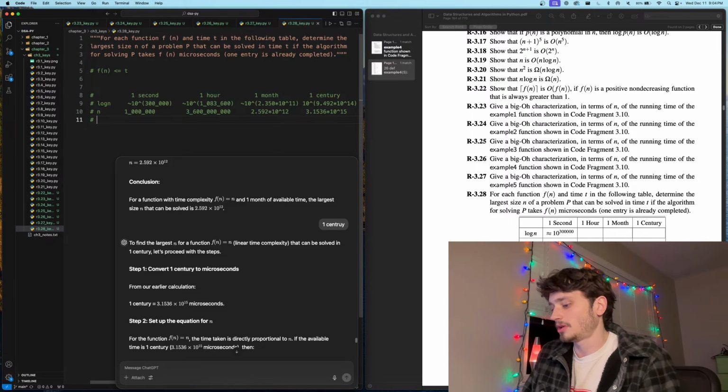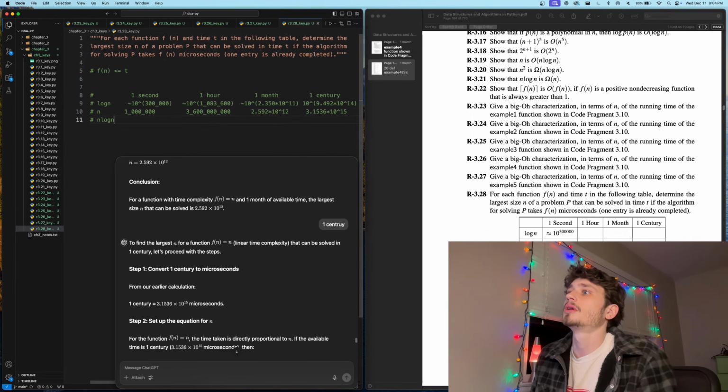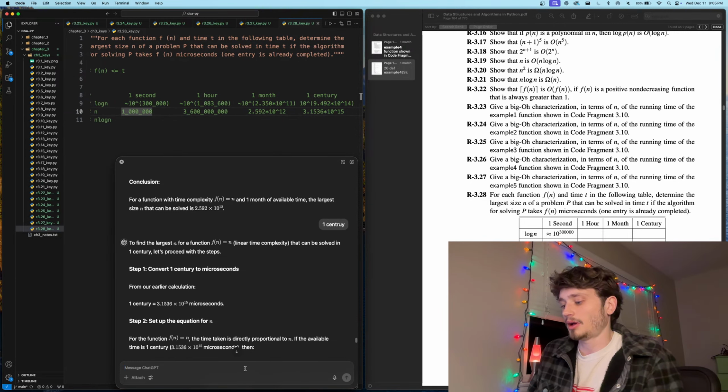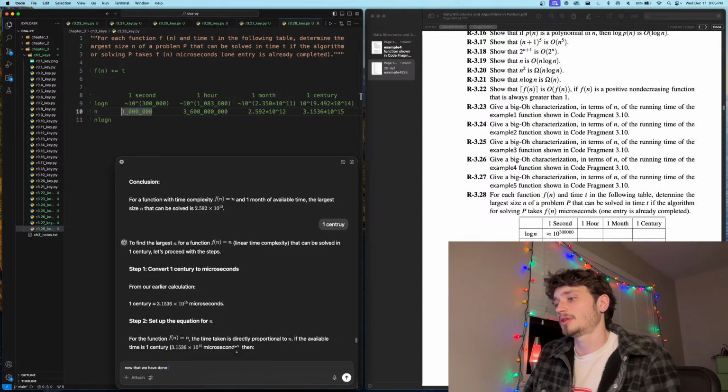Now we need to do n log n. Oh god. So is this not going to be just these two values times each other? Now that we have done log n and n, if we want to solve for f of n equal to n log n, is it not just our previous values multiplied together?